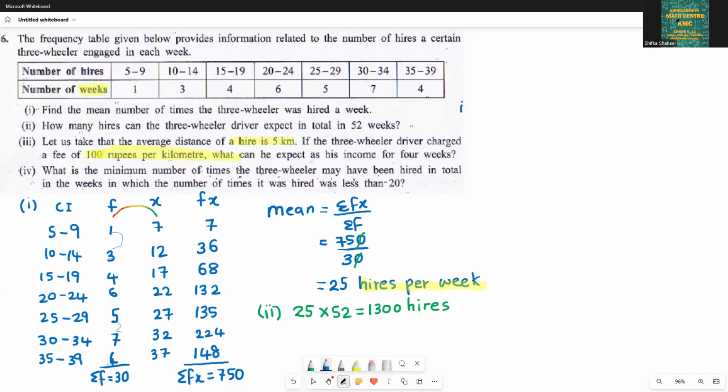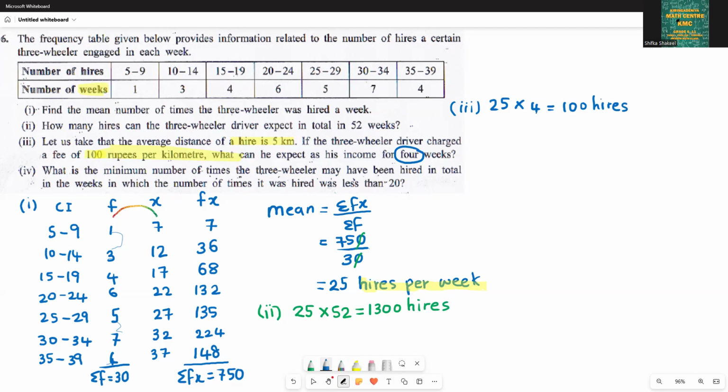So the third part: what can he expect as his income for 4 weeks? Per week 25 hires, so we have to multiply by 4 weeks because the question is asking about 4 weeks. 25 into 4 is 100 hires for 4 weeks.